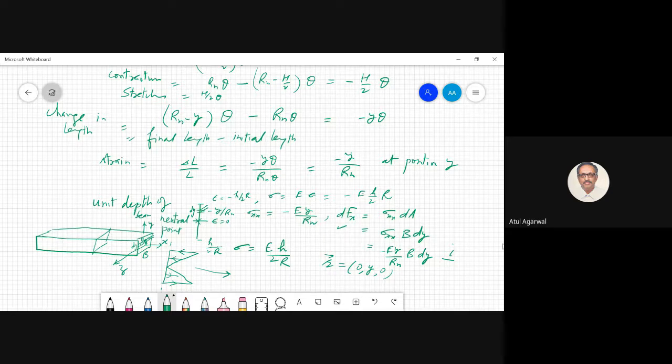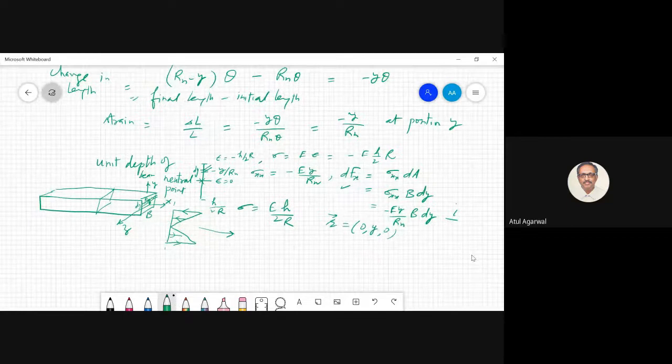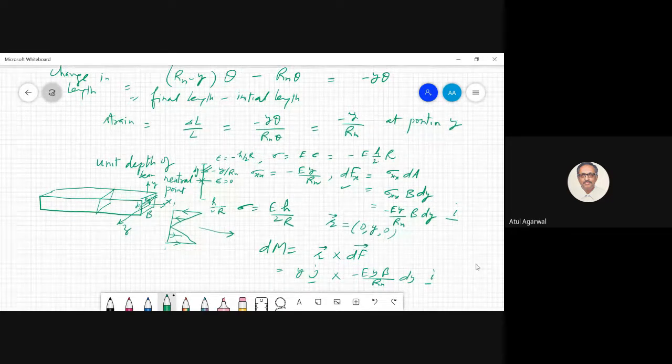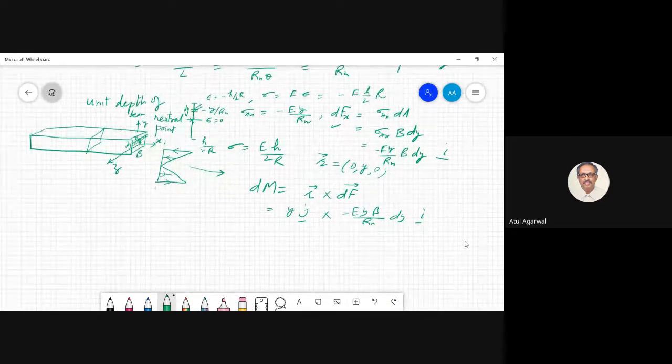So what is the moment caused by the force on this strip? Moment you know is r cross df. So r is yj cross minus E y b by Rn dy i. So what do you get? E b y square by Rn. j cross i is minus k. There is already a minus, so you get k.